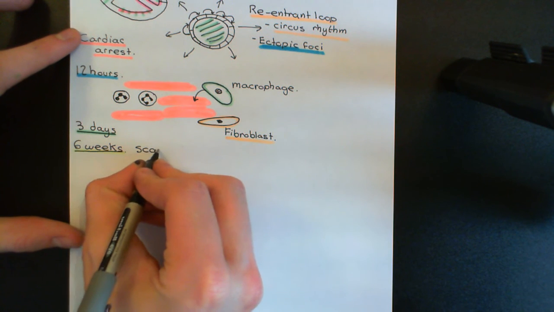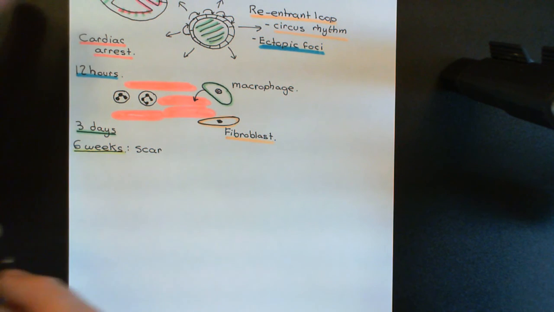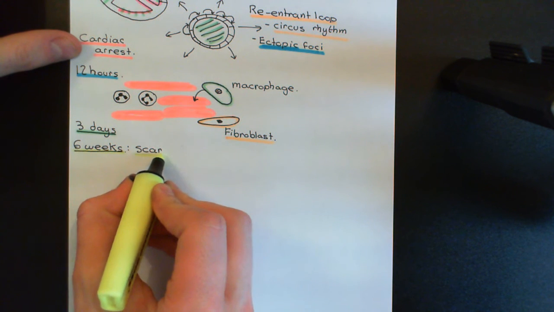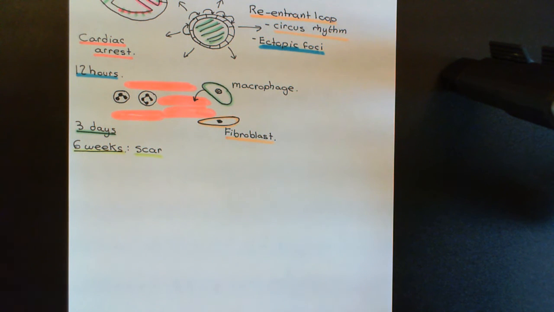So you form a scar in the place of the lost cardiomyocytes. So you do not replace the cardiomyocytes that you lost with new cardiomyocytes. So that's what happens if you survive your heart attack. After 6 weeks, you'll have a beautiful scar in the place where the heart cells have actually died.